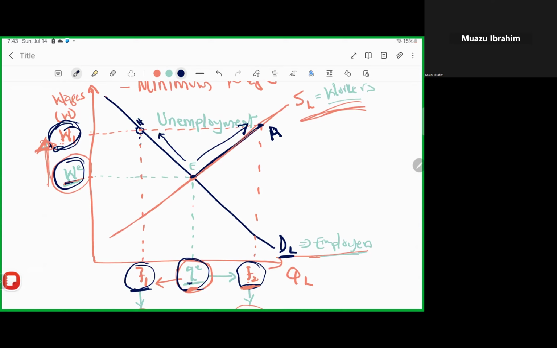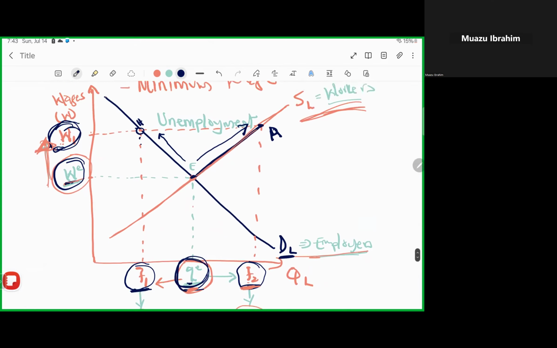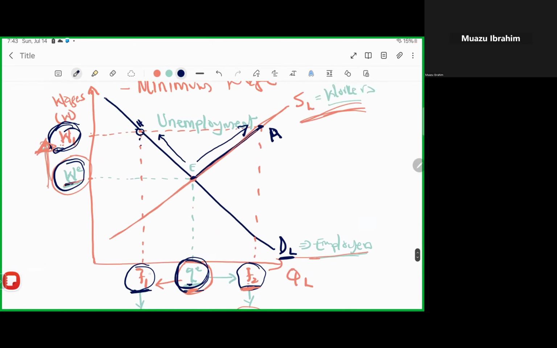So how many people will be sacked? You remember, before the imposition of the minimum wage, they were employing QE. And after the imposition of the minimum wage, how many people have been employed? Q1. And you realize that the number of people employed at Q1 is now lower than how much was employed at QE.